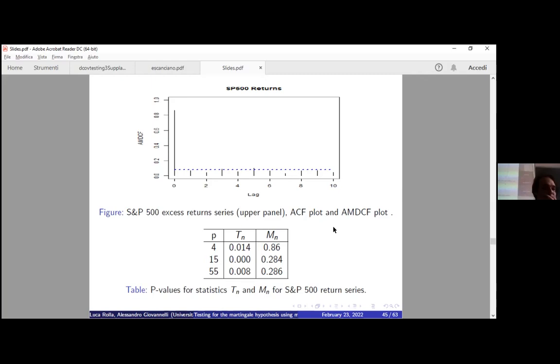Sorry, I can't remember the exact paper, but this kind of bootstrap works well with this kind of statistics because these are U-statistics. This is the exact case in which this kind of thing works.